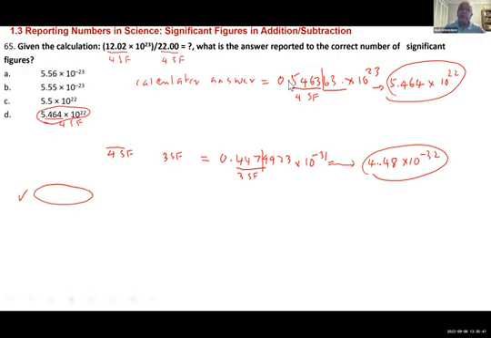When you move the decimal place to the right, you subtract 1 from the exponent 23, so the exponent becomes 10 to the 22. So the correct number is 5.464 times 10 to the 22. That's how you get the answer.